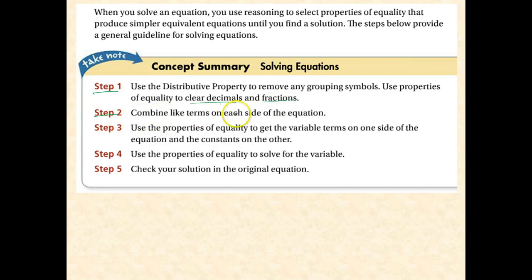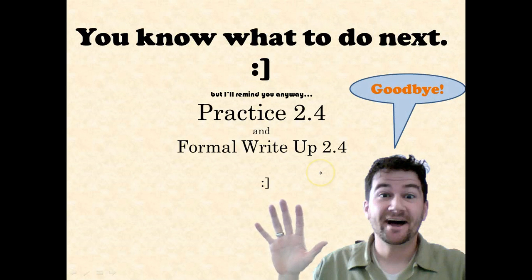Step 2, combine like terms on each side. Step 3 is get the variable terms on one side. Step 4 would be to isolate the variable. And then once you have the variable isolated, that's your solution, and you check it in the original equation. All right, I think you know what to do now, and I'll see you later.